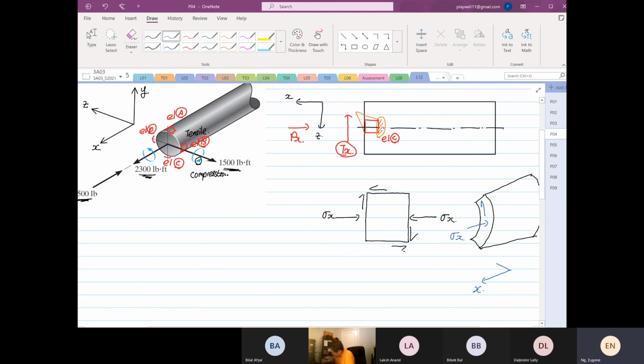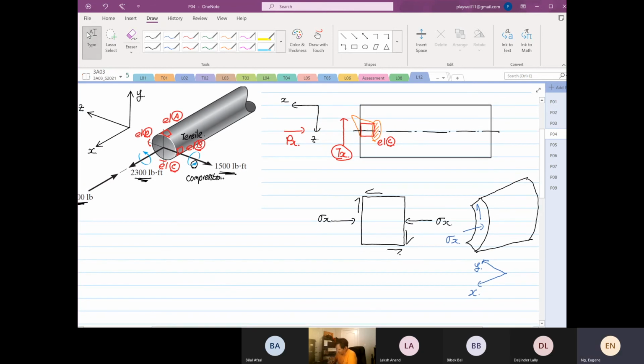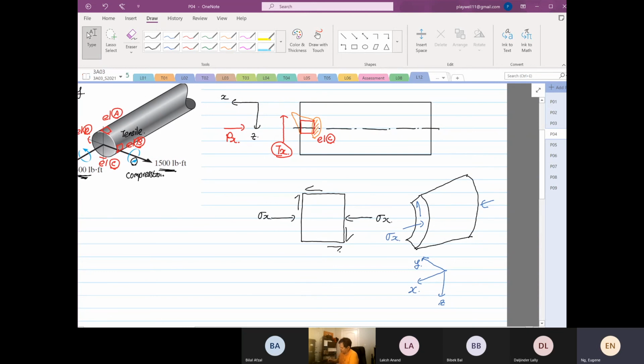This is our y, and then this is our z. I'm trying to rotate. Yeah, this is our z now.